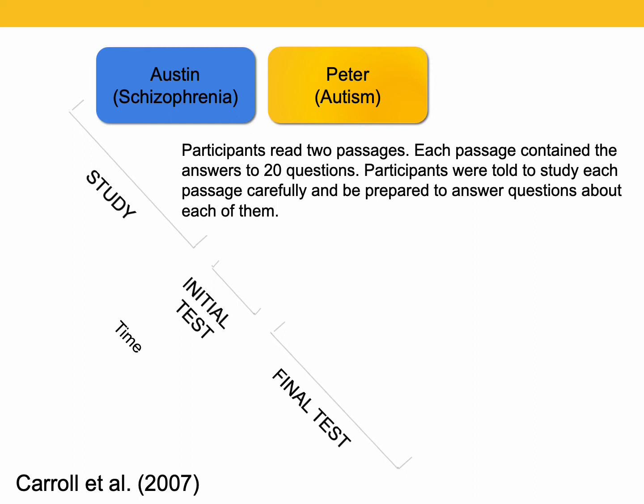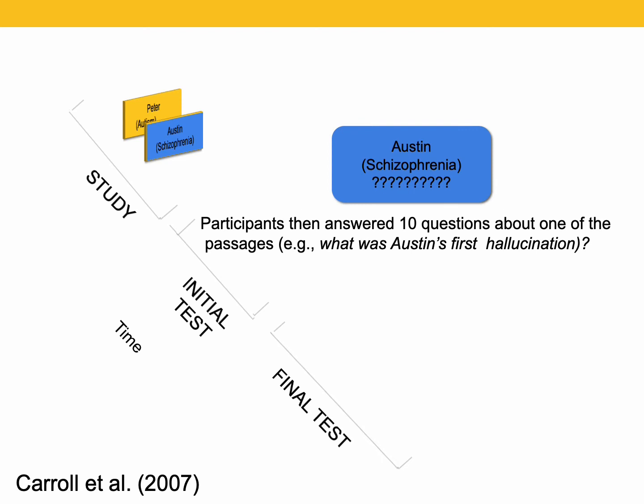Okay, so again, just like in the Roediger and Karpicki study, right, the first step is just studying or reading material, right? So they read both the passages, okay? And then this is when the testing happened, right? Initial testing.